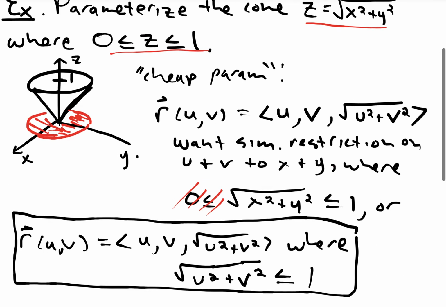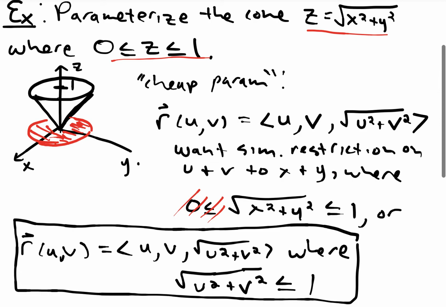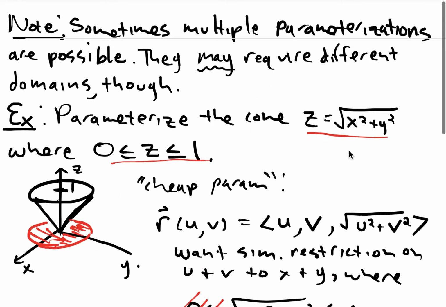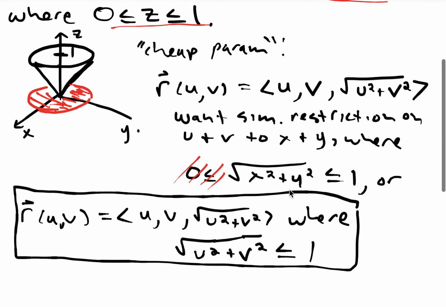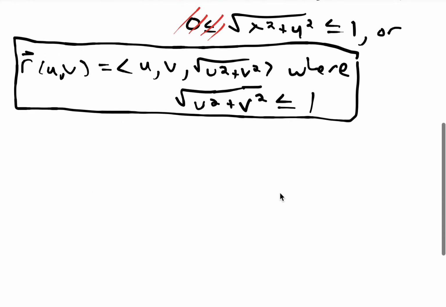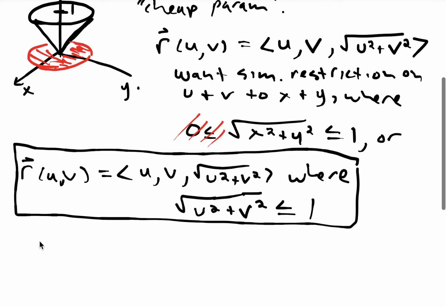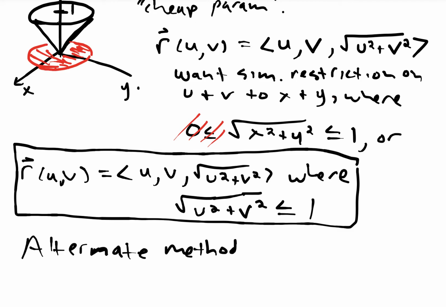Or an alternate method, because I did hint up here that multiple parameterizations might be possible. Another way I could think about this is, you'll notice it's a round region, and I've got all these squares and square roots popping up. If I wanted an alternate way to think about this that might be really useful in an integral, we could think about some of the other coordinate systems that we've been using.